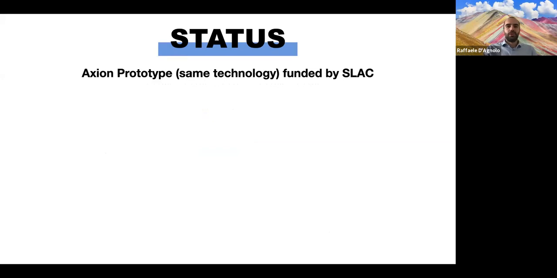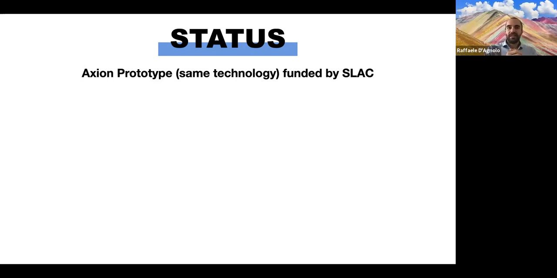Okay, so to conclude, I'll just spend 2 minutes on what's the status of the collaboration, let's say. As I mentioned at the beginning, we have a proposal for axion detection, which is more advanced. So the theory papers are already out, and we found money to build a prototype.